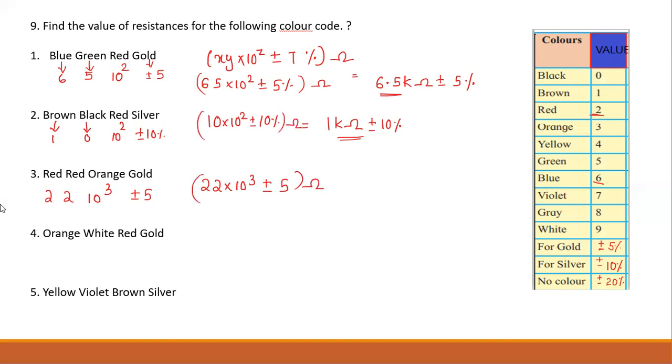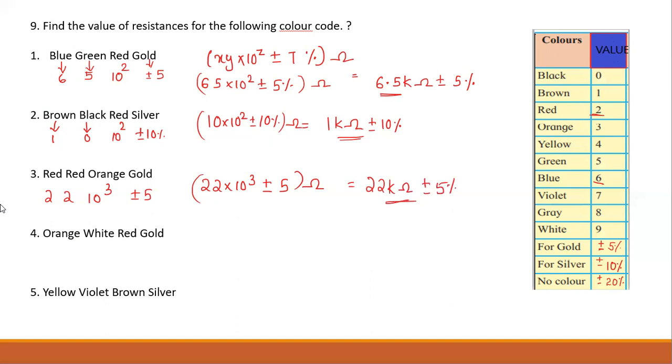That is equal to 22 into 10 raised to 3, which means after 22, 3 zeros will come, that we can write as kilo. So this is equal to 22 kilo ohm plus or minus 5%. This is the value of resistance.